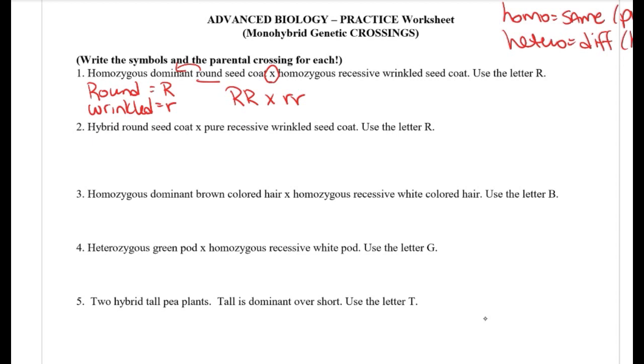Now I'm going to use the letter R again. So it looks like I've got seed coat, I've got round and wrinkled, and I rewrite everything. Now I have a hybrid, new word, and pure recessive. Just changing the terminology a little bit.